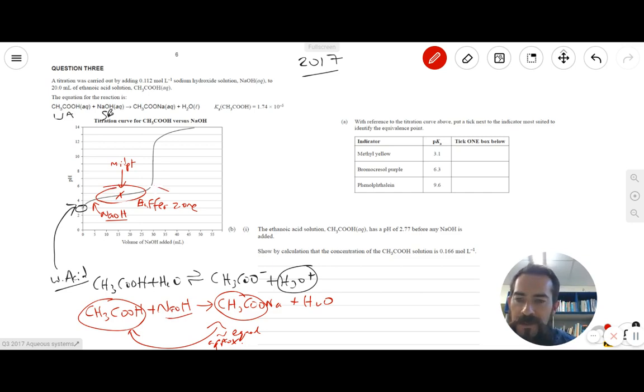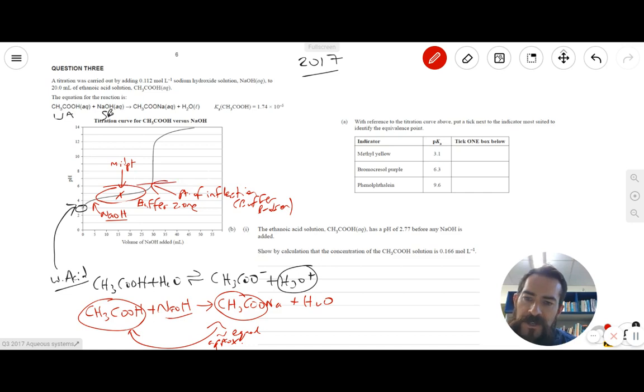But then we have a point where the graph suddenly shoots upwards, so this is the point of inflection. The point of inflection represents where the buffer system is broken. So the buffer system is now effectively broken, and it can't buffer anymore, and then the pH rises sharply.